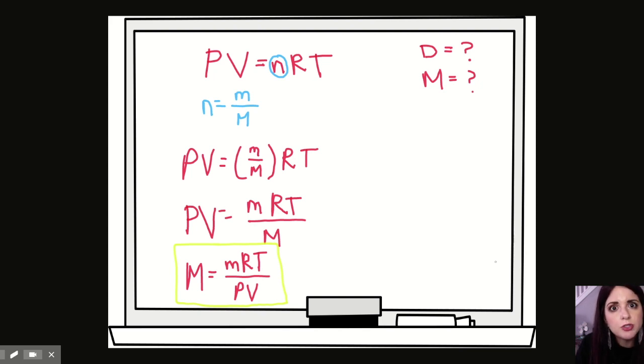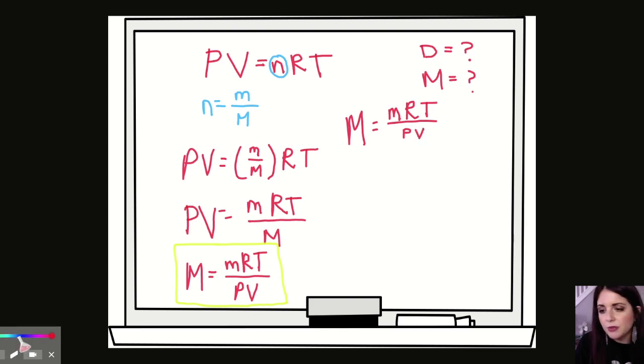What we can also do is solve for the density of a gas, and that's another derivation of the ideal gas law. So I'm just going to rewrite the equation that I have up here. M equals mRT over PV.